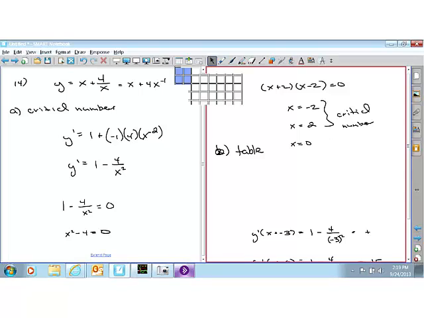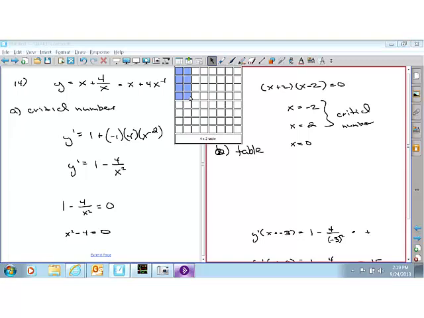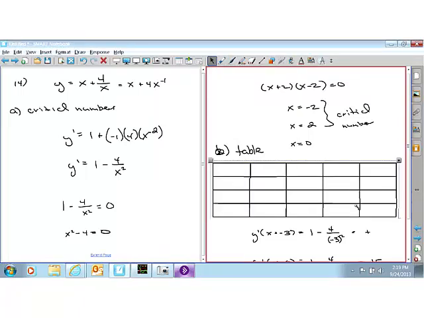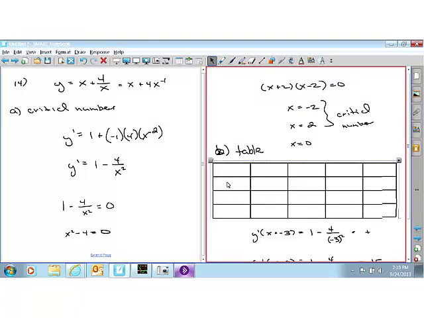So 4 rows, 3 critical numbers. So I go 1, 2, 3, and then add 1 additional one. Okay, so that's my table. It's one extra column, so I have to make sure I don't draw too big here. Interval, test value, sign and conclusion.